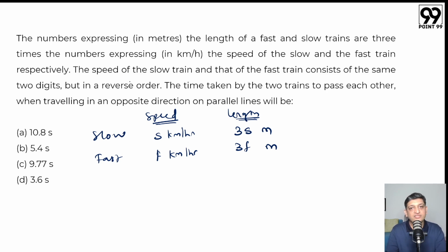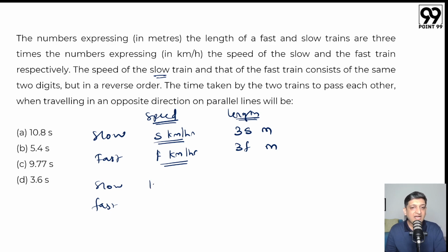Now the speed of the slow train and that of the fast train consist of the same 2 digits but in a reverse order. So instead of s kilometers per hour and f kilometers per hour, we can use different variables so that our life becomes slightly easier.